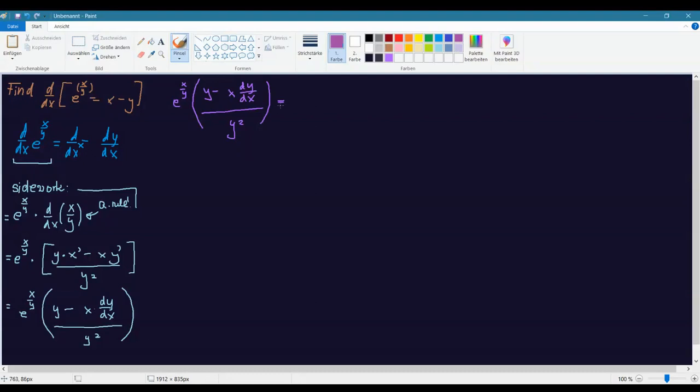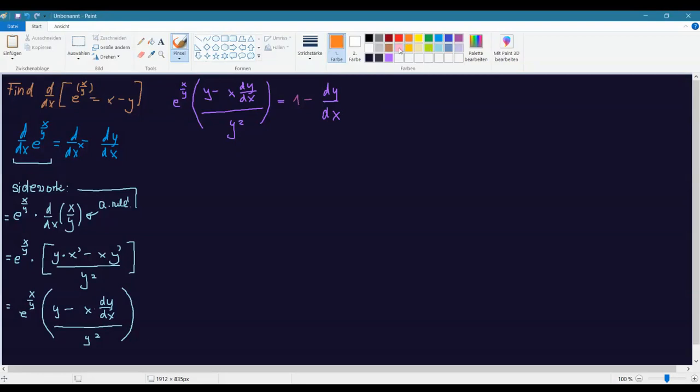Then the derivative of x with respect to x is just 1. So we're going to have 1 minus dy over dx. So we're solving for these two right here. Dy over dx is the slope of the tangent line.